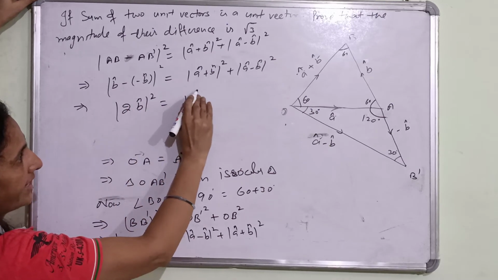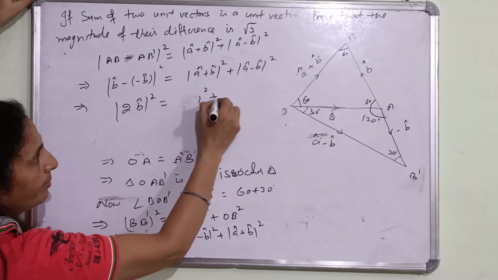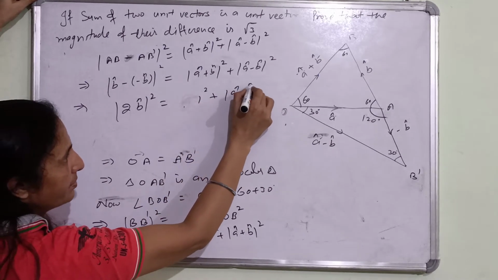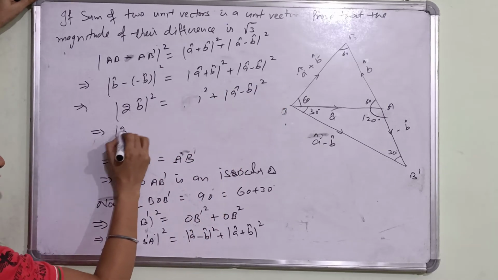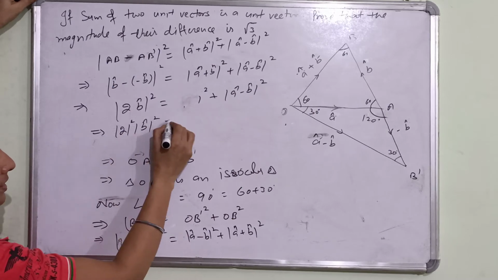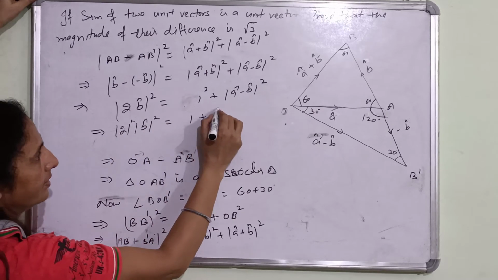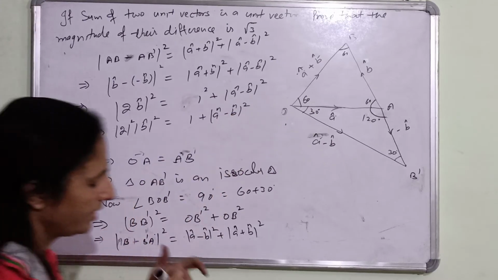So it is 1, obviously A unit vector is 1 square plus A unit vector minus B unit vector square. So we can say 2, and 2 square, 1 plus square. So what is that?